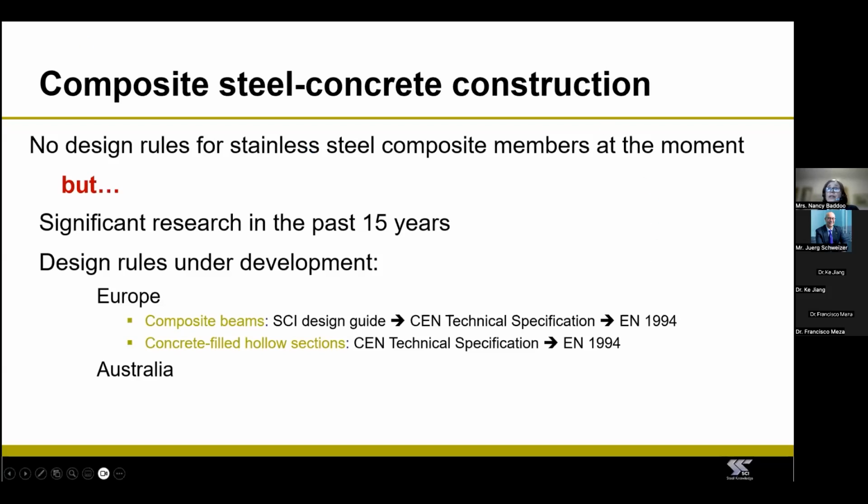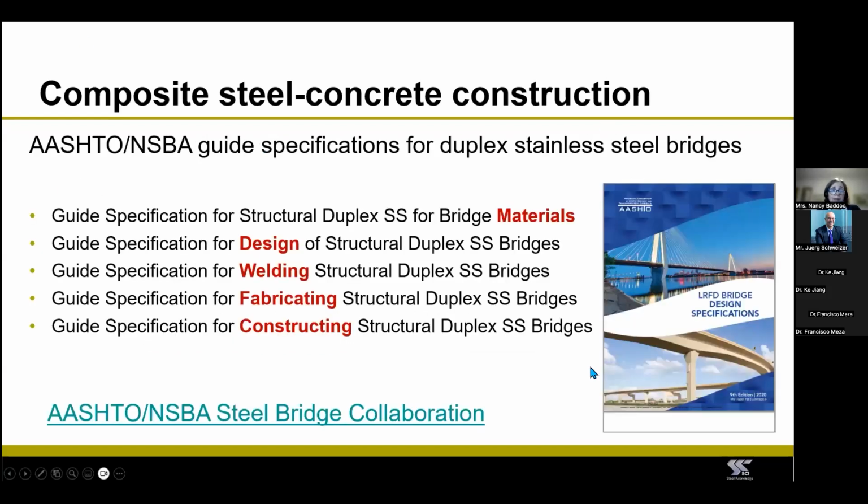Moving to the States, we are working with AASHTO, who are the US Transportation Agency, and the NSBA, National Steel Bridge Alliance, which is part of AISC. And we are writing a collection of guide specifications on structural duplex stainless steel for bridges.